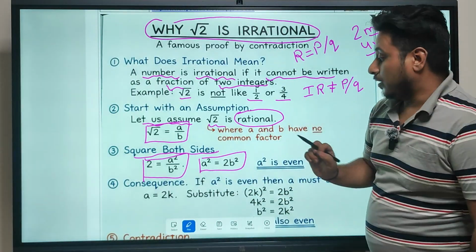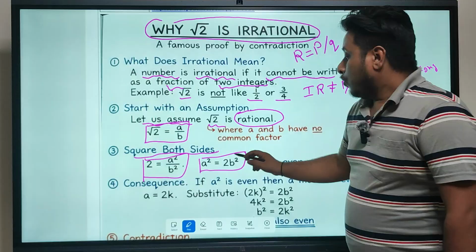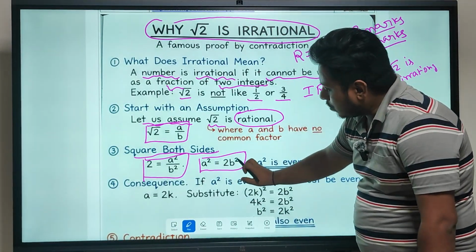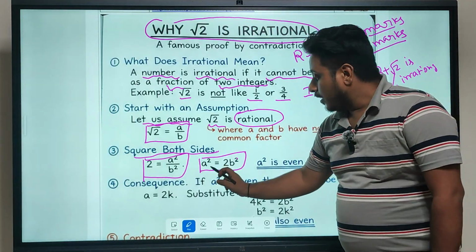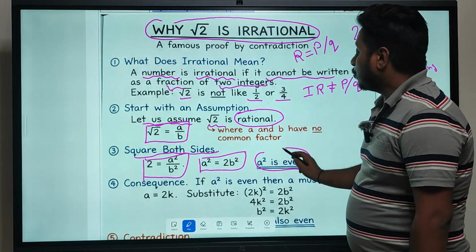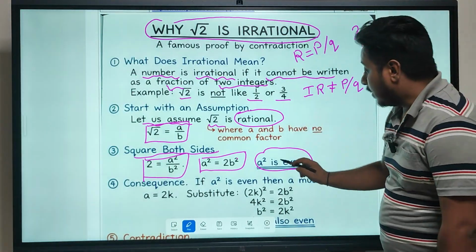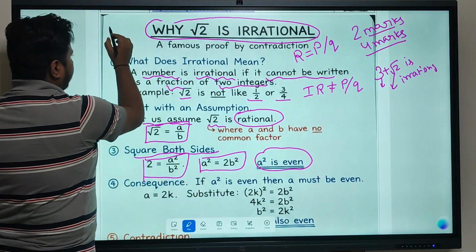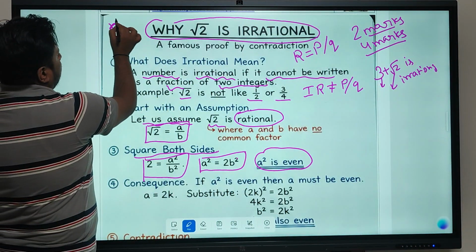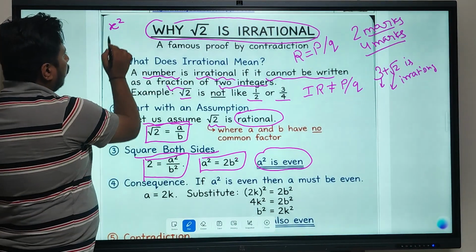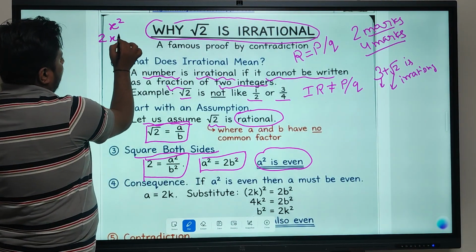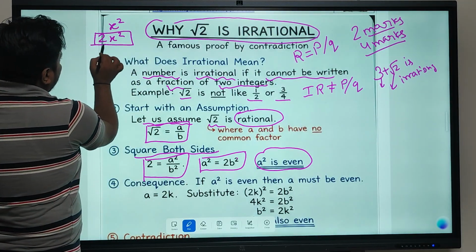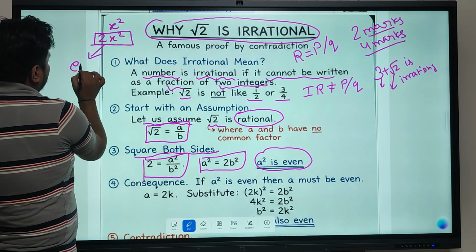Now please give attention here. When we are able to write a number in the form of twice b square, it means a square is even. You should understand why I am saying that a square is even. Let's suppose you have a number x and you take x square, and you multiply it by 2. Then 2x square is always even.